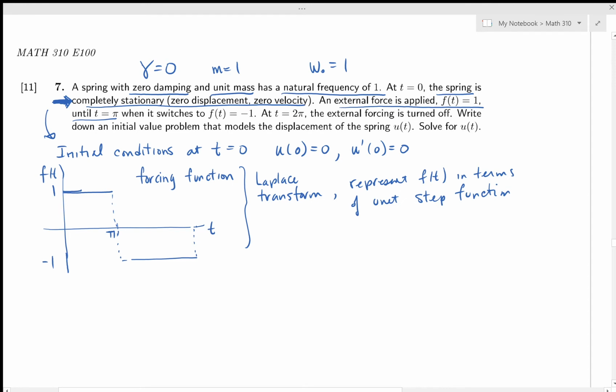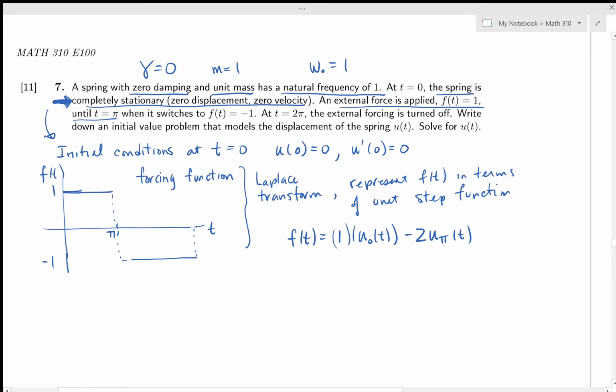Okay, all right, so I will do that. Let's see what's happening. F of t will be 1 to start, and then at time pi, I could, if you want, multiply this by u0 of t, but that is not going to matter because the whole thing starts at time t equals 0, and the function is 1 at that point, so that is just going to disappear, but that's fine. And so then what happens at time pi? It has to go from 1 down to -1. That means I'm going to have to subtract 2 to move from 1 down to -1, and that's going to happen at time pi.